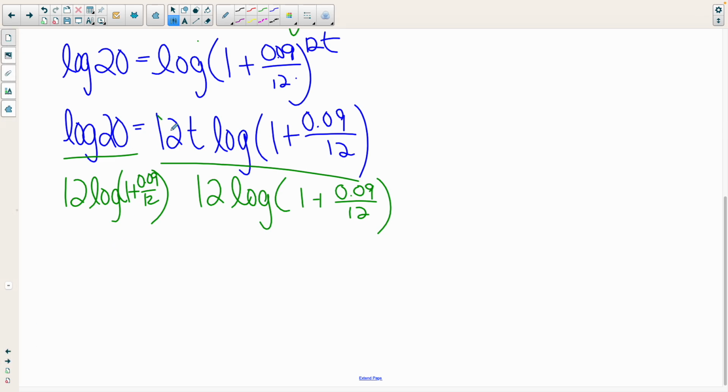Okay, so see, these things all cancel. Again, the log expression, that's all one big piece, right? It comes as a set. So now I have t equals this part that I have on the left. That's our exact answer.